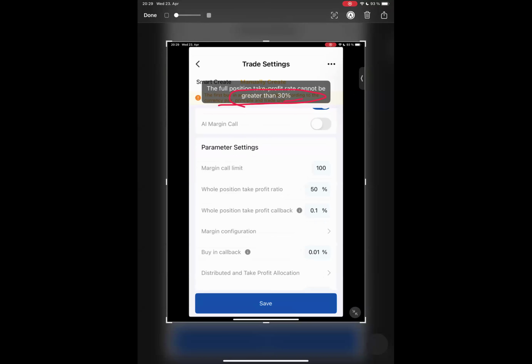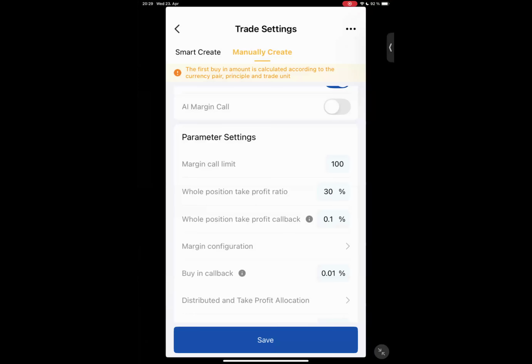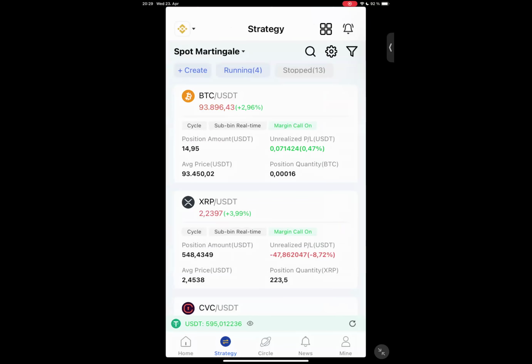But it doesn't mean you cannot sell more than 30%. If you want to take more than the 30% they've given us, you can just pause your trades. Then you'll be able to make more than the 30%. Okay, that is an option.